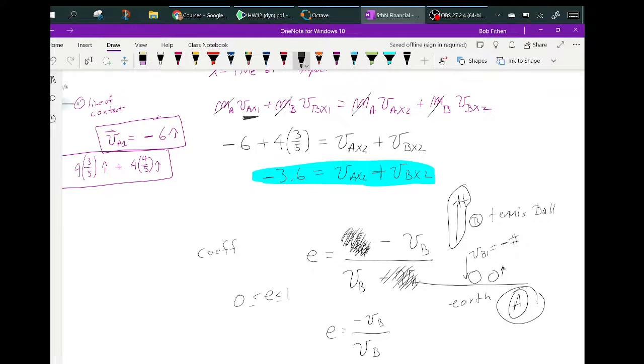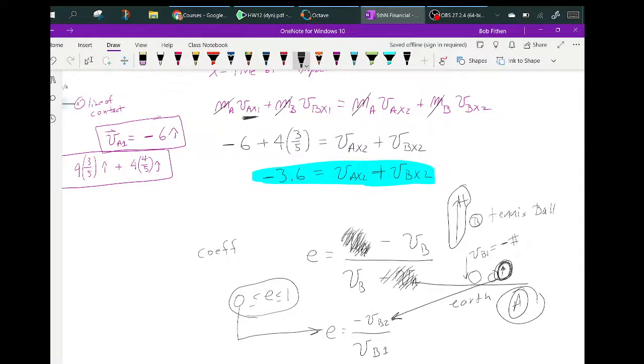If you're losing energy, then this one is going to be smaller. Since coefficient of restitution has to be between 0 and 1, then 1, if the tennis ball just hit the ground and stopped, it would be that. Meaning that this is the final state. This is the initial state.